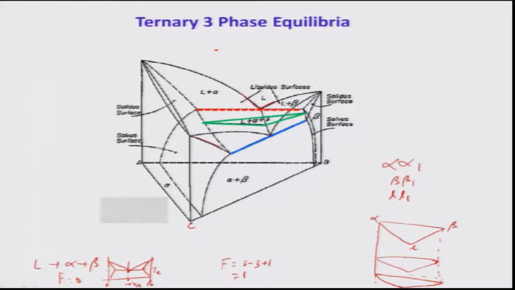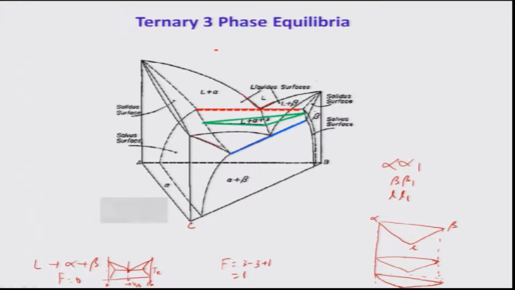But on the other hand, AC has isomorphous binaries. So, in a binary eutectic system, for 3 phase equilibrium we draw a horizontal line. Here also, between AC, also a horizontal line, red color.